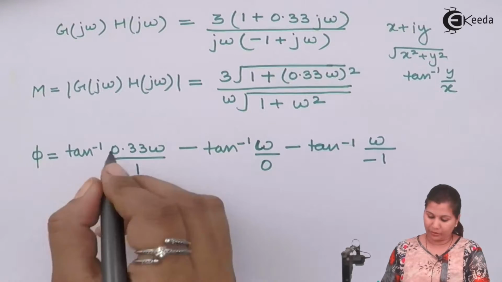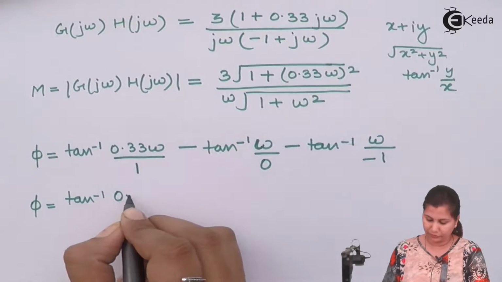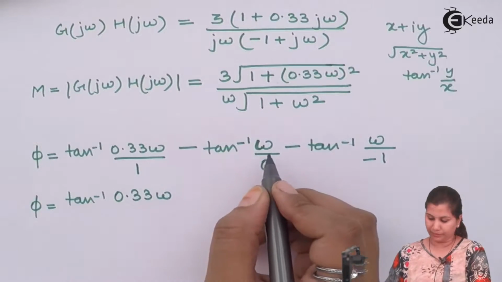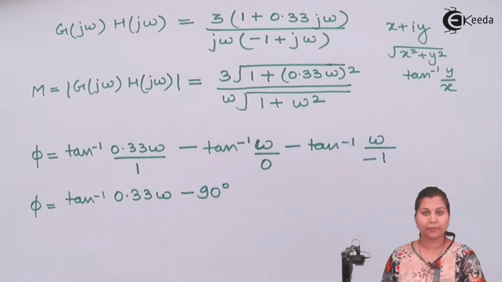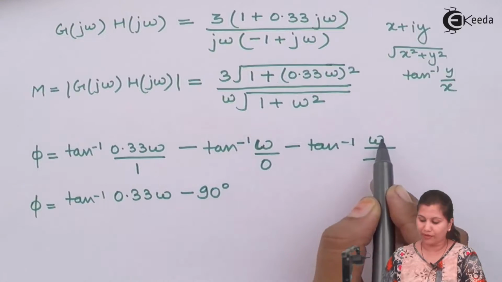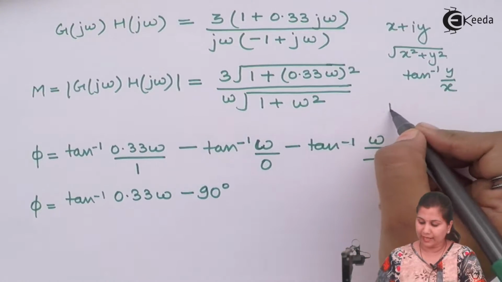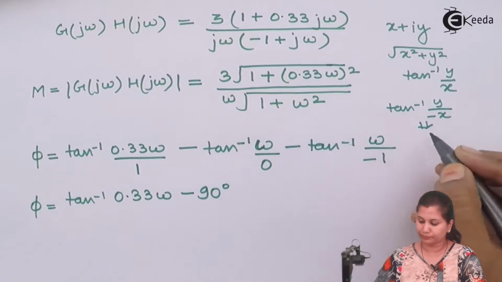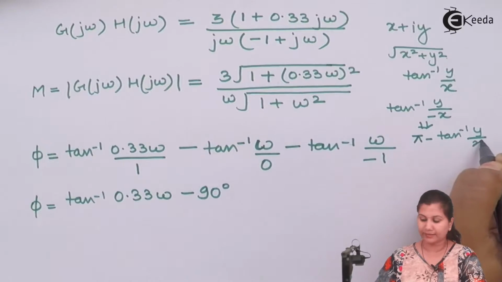Okay. Now we are going to solve this. Tan inverse of 0.33 omega. This is tan inverse of infinity, okay, so it will be 90 degrees. Then minus, we have this as tan inverse of y upon minus x. So this is going to be written as tan inverse of y upon minus x is equal to pi minus tan inverse of y by x.